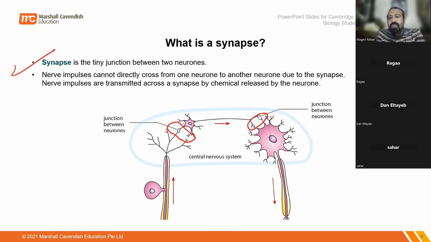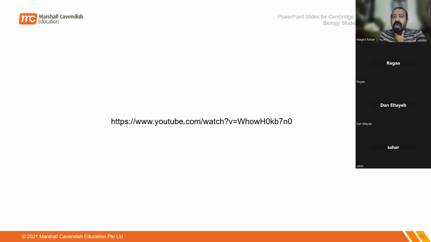To transmit the neurotransmitters, or the chemicals released by the neuron, to the next neuron. I will stop sharing this presentation. I will share the video with you. For the first time, you will feel like I understand nothing from this 1 minute video, but after the explanation, you will feel like, now I understand what happened.